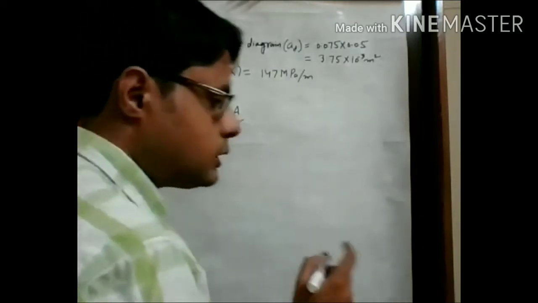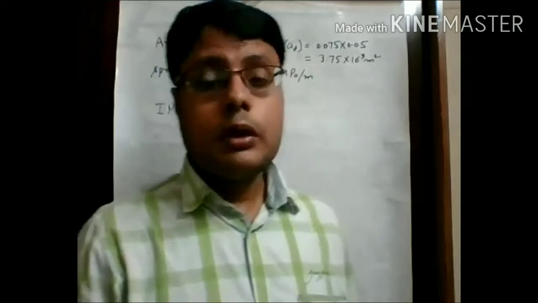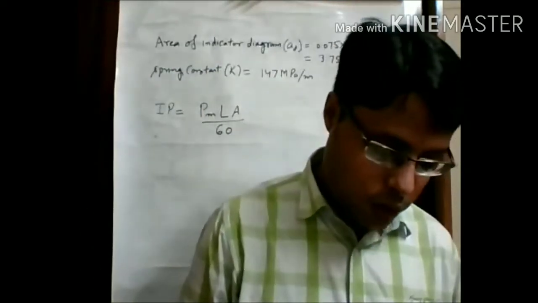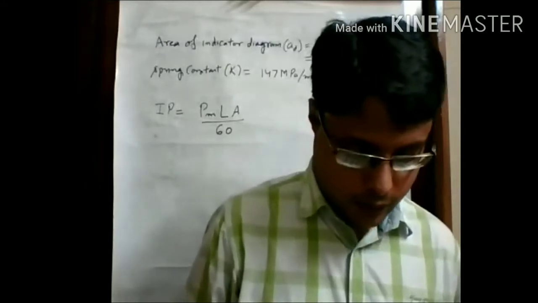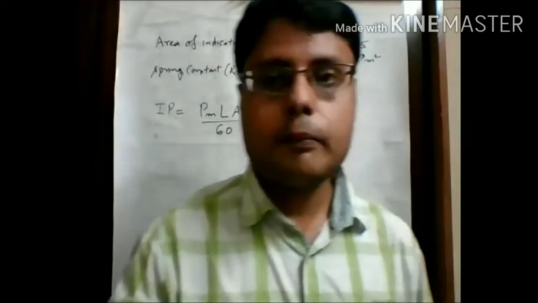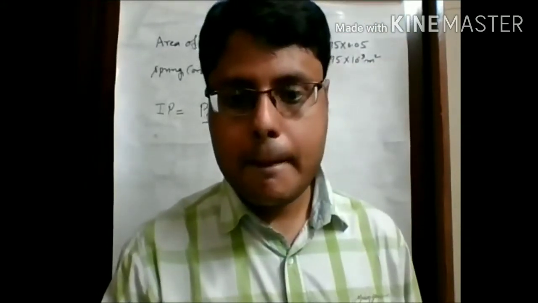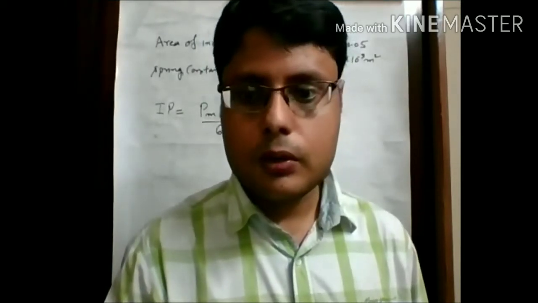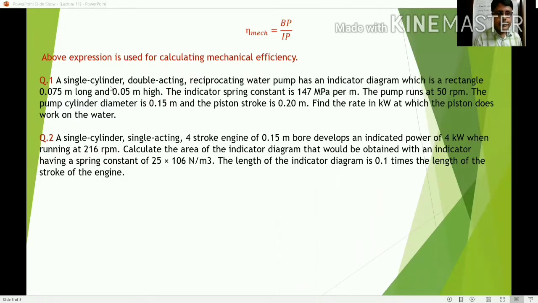And if you see this problem, this is a double acting pump. This is a double acting engine. I am showing you again. See, a single cylinder, that means small n value is 1, because here there is only 1 cylinder.